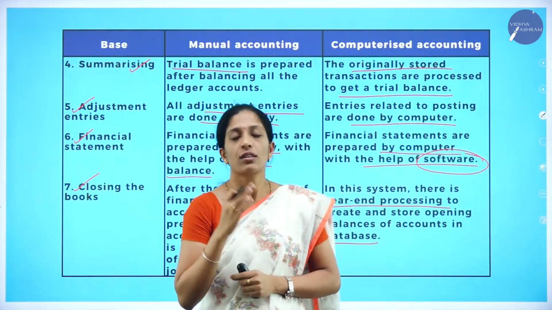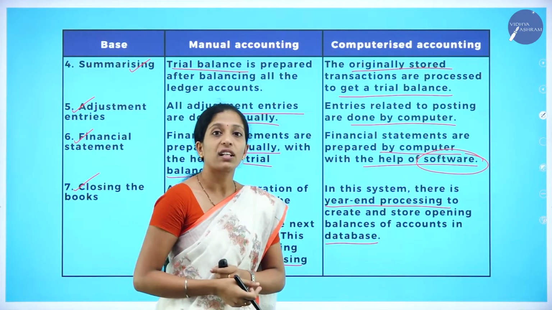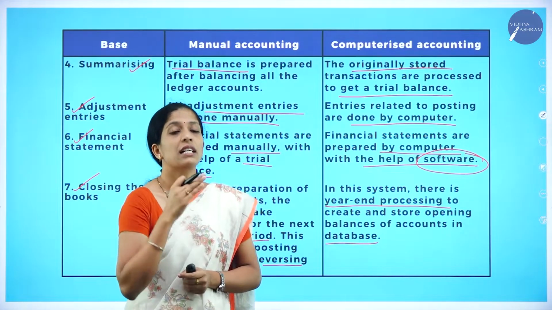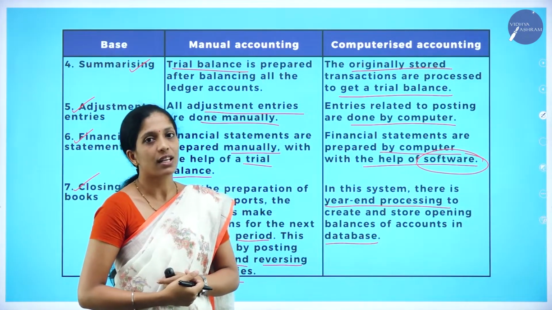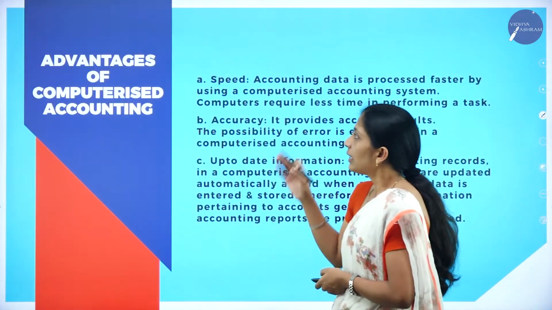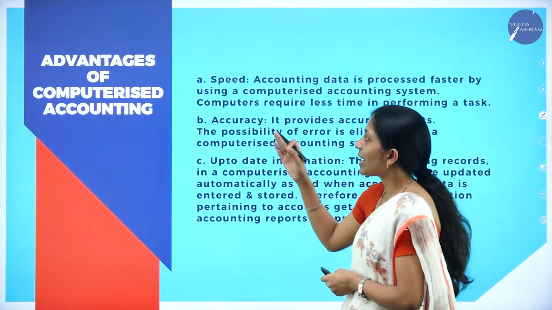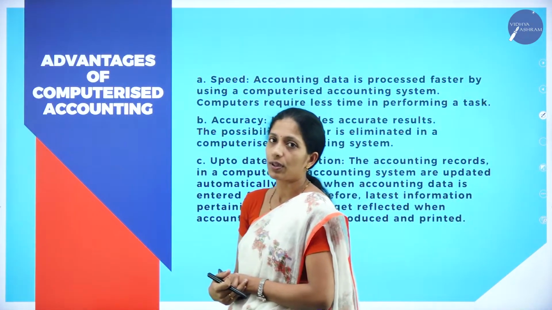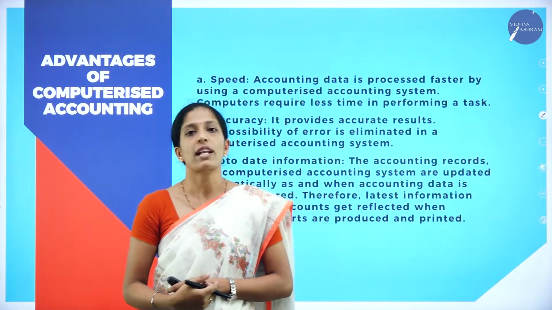So my dear students, go through this topic. Most of the time they ask for a 6 marks question on the difference between the manual accounting system and the computerized accounting system. Now coming to the next concept, that is the advantages of computerized accounting. This is also a very important topic.